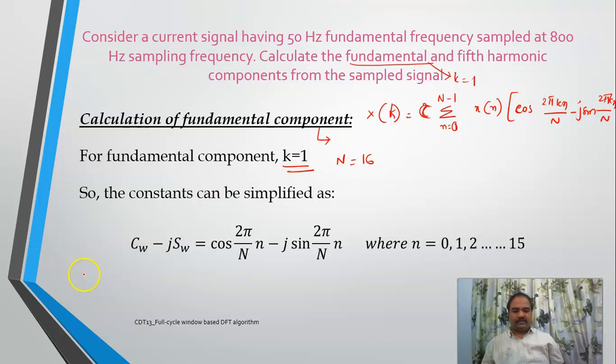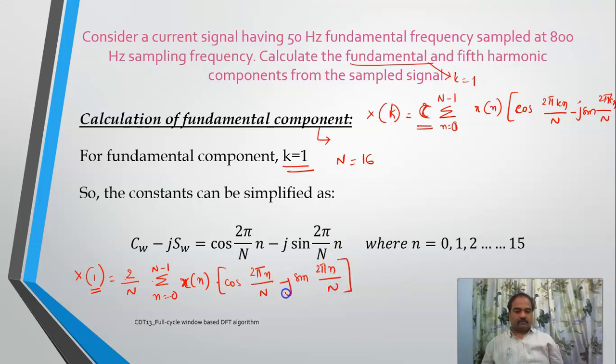So this equation gets reduced to X of 1, which indicates the fundamental component. C, except for DC, for all other components, is taken as 2 by N, right? Sigma n is equal to 0 to N minus 1, x of n into cos of 2 pi k n by N, where k is equal to 1 here. In this particular case, N is equal to 16, right? So I will modify this equation.